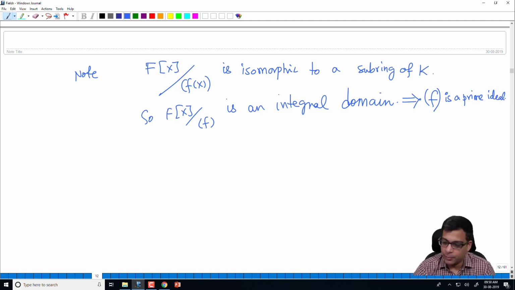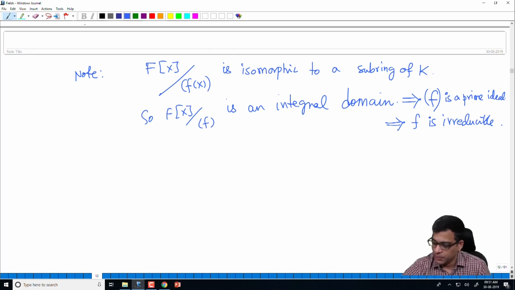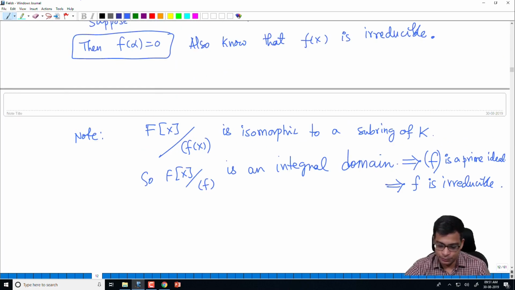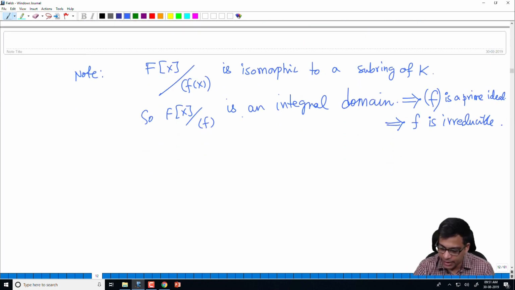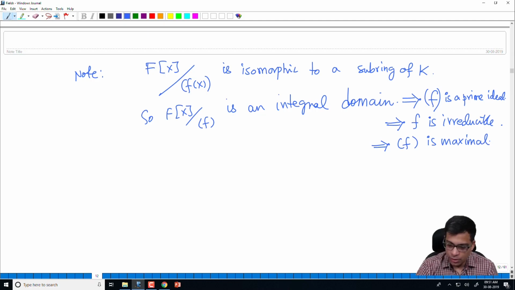The ideal generated by f is a prime ideal, but this means f is irreducible. So in a PID, if you have a prime ideal, it is generated by a prime element, which is actually an irreducible element. So f is irreducible. That is the explanation for my statement here. f(x) is irreducible. But if f is irreducible, the ideal generated by f is actually maximal. Of course, we are using here that f is non-zero.